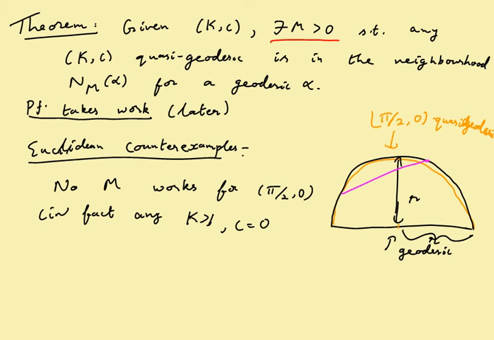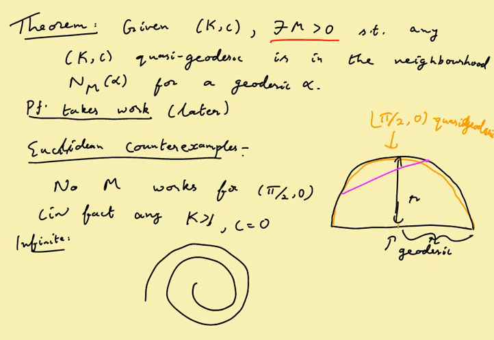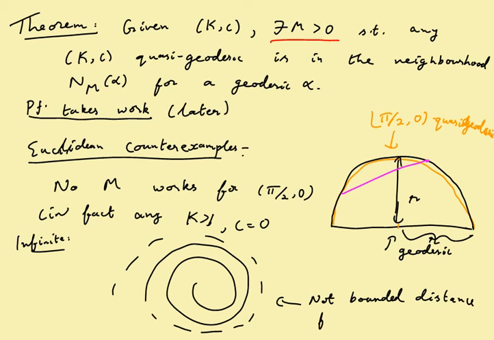And an infinite example is the following: I start off with a curve and then I spiral out. Well, what happens if I spiral out? So this is not bounded distance from any geodesic.